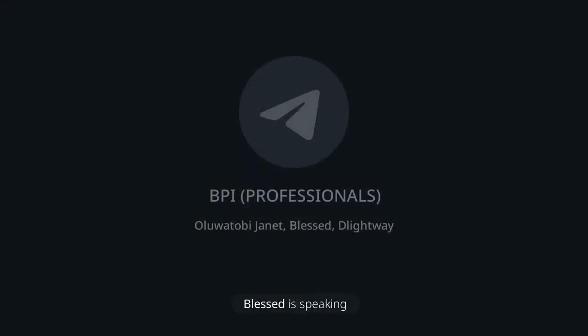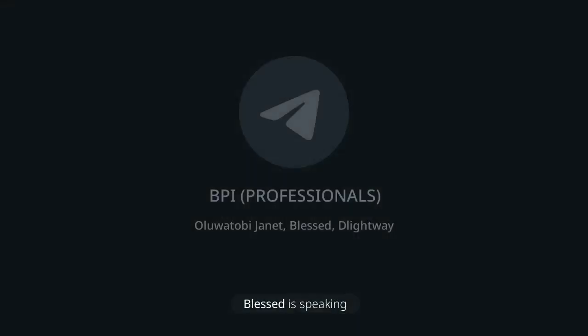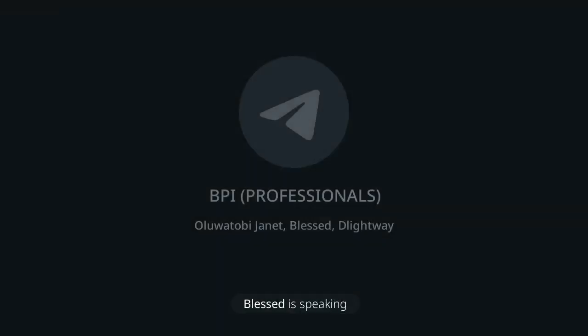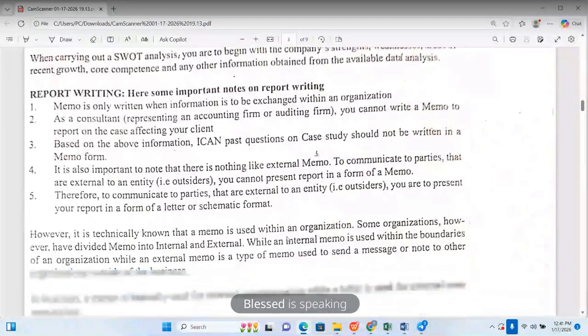To communicate to parties that are external to an entity, you are to present your reports in the form of a letter or semantic format.